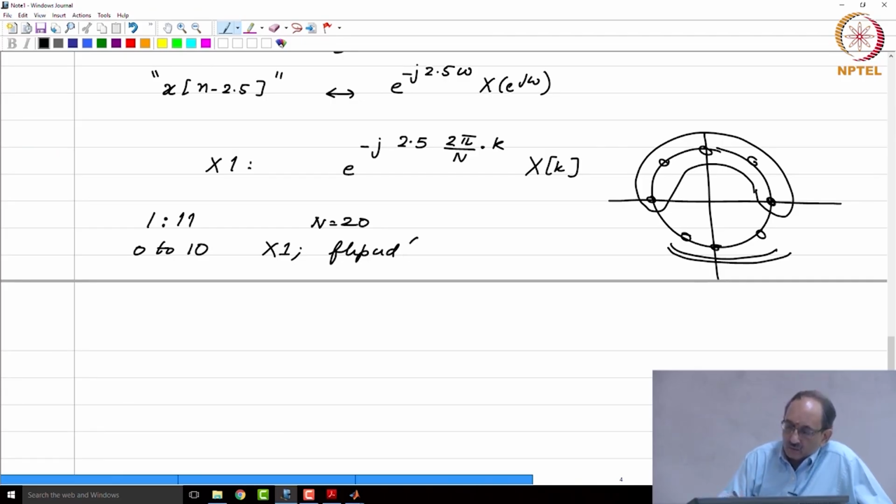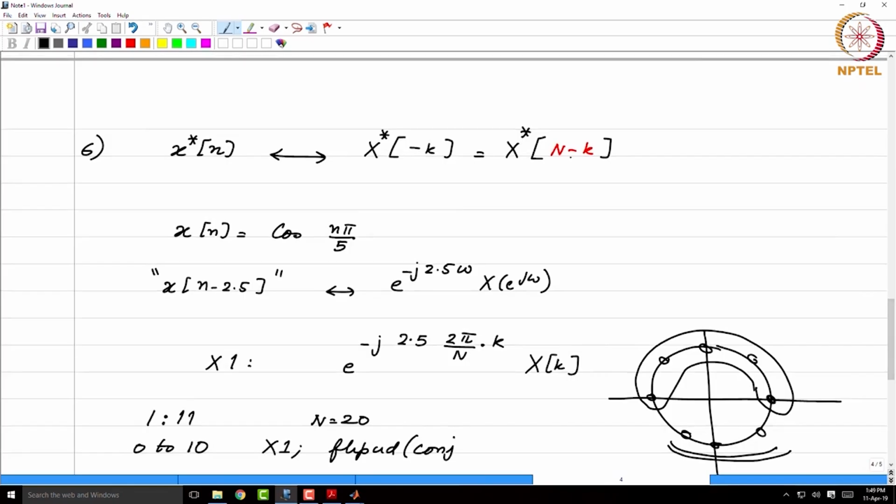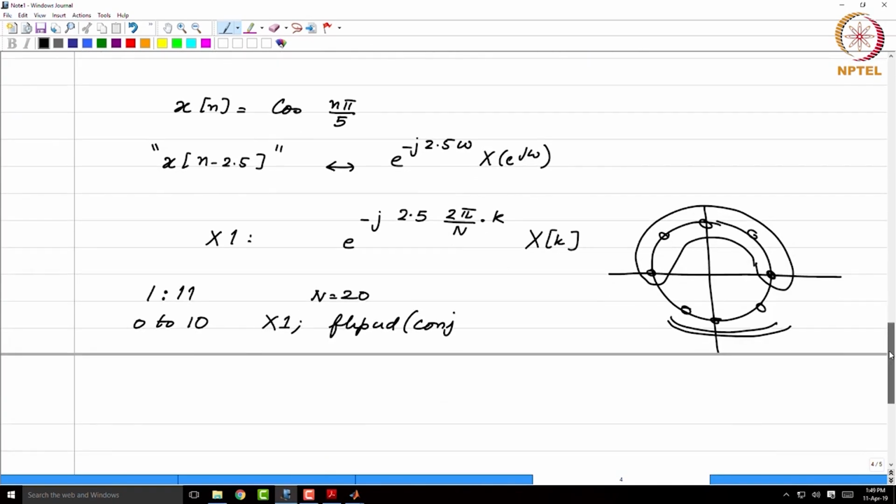Then we did conjugate. So, this flipud is because we are dealing with N minus k, right. Remember, this index is 0, this index is 1. For the 7 point case, this index is 7, but really this is also the same as minus 1, right. And remember, so we are going like this.